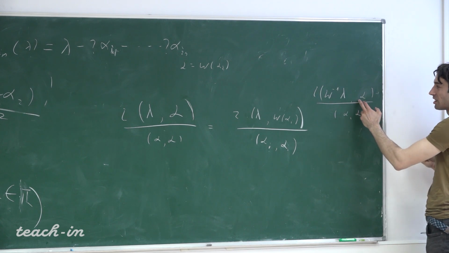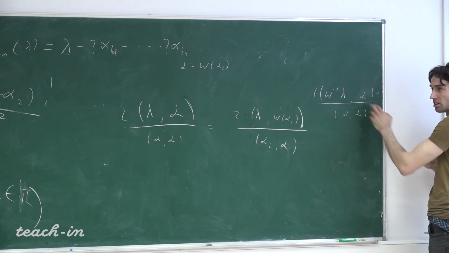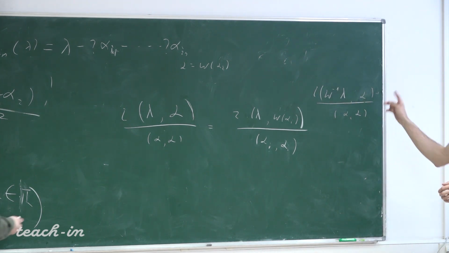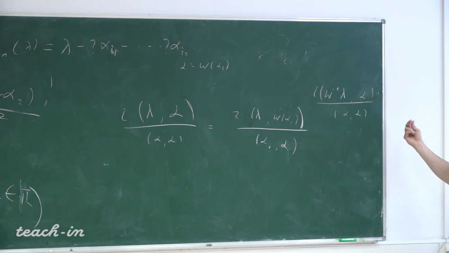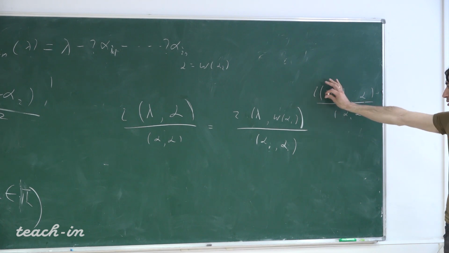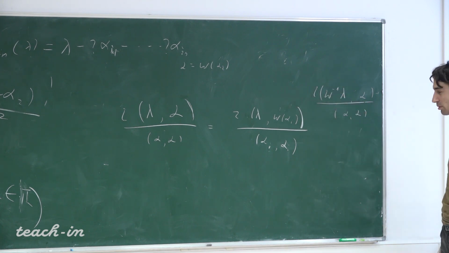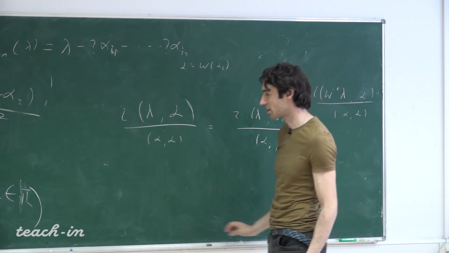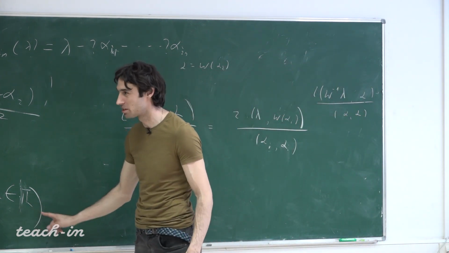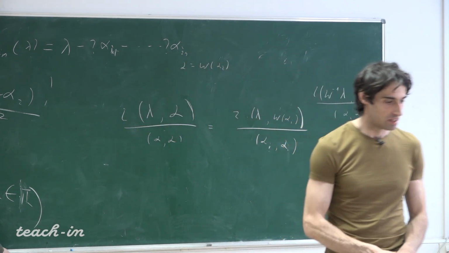So I can take W inverse alpha and do the same, and then lambda with any alpha, without this W inverse, will also be an integer. It's not that obvious, but we can do this.